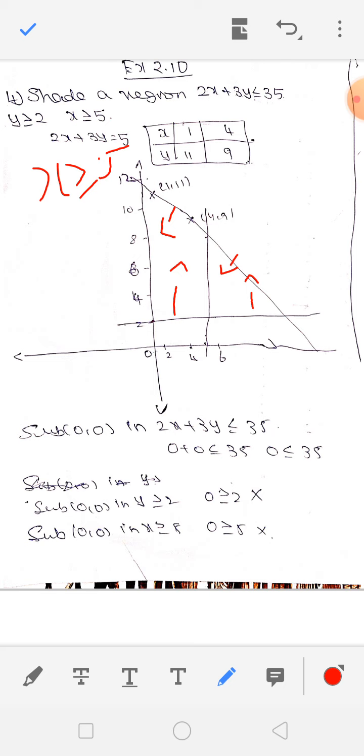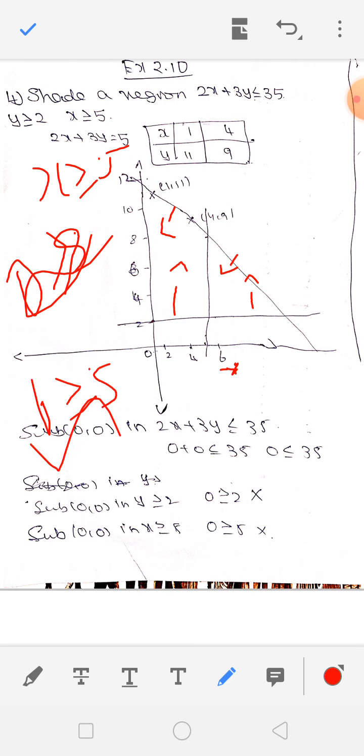So I just take again 0 comma 0, substitute here. 0 greater than or equal to 5. Is it correct? This is not correct. Okay, I just take the point 6 and substitute here. 6 greater than or equal to 5. Is it correct? Yes. So only the right hand side is true. Correct, only the right hand side is true. So for this line the region is directed this way.